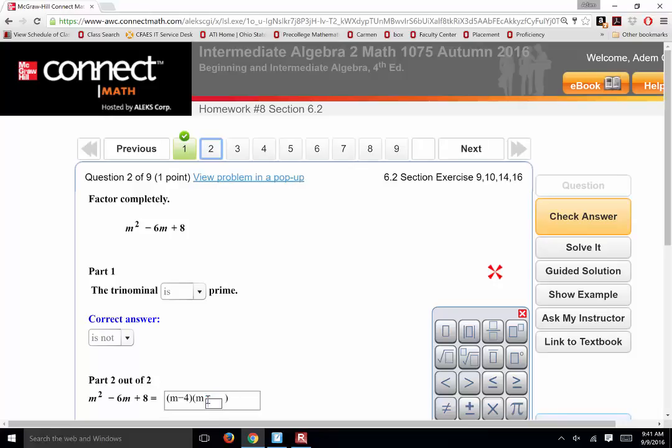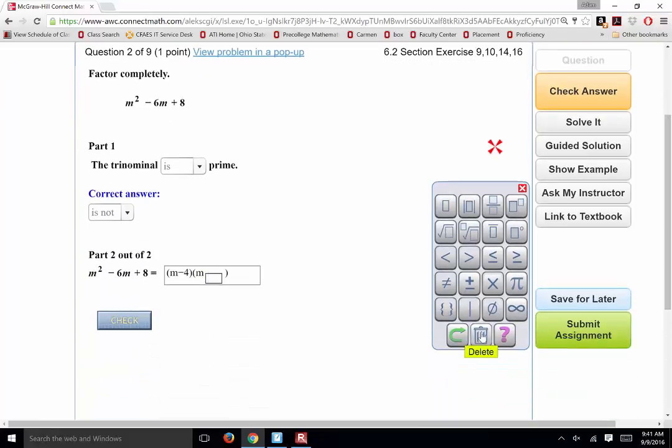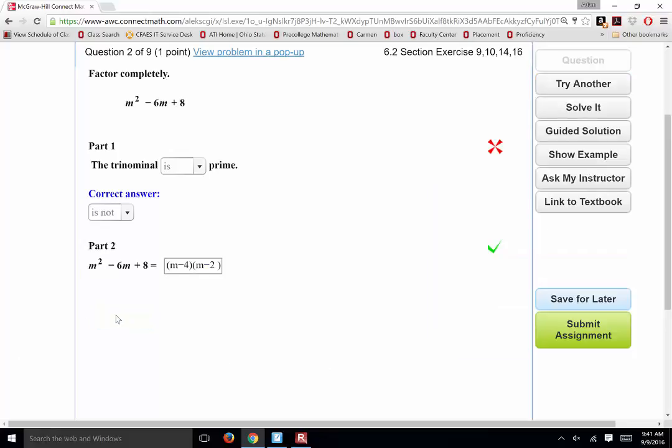I don't know how I made this underscore thing, but let's see if I can clean it. There you go. It's -4 up now and -2. Check. Now we got the second half right. Okay.